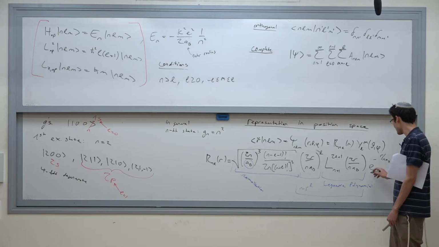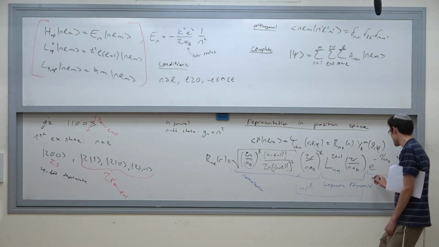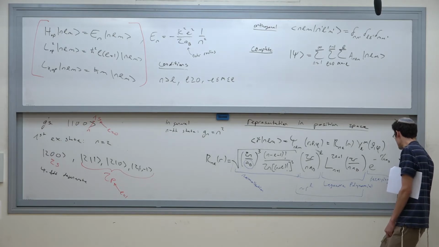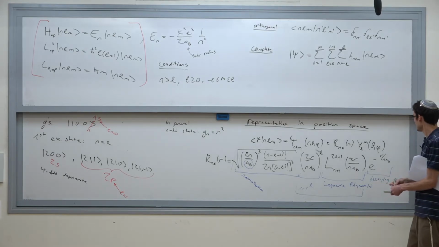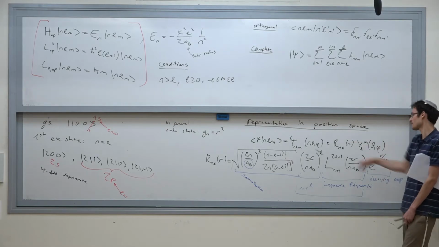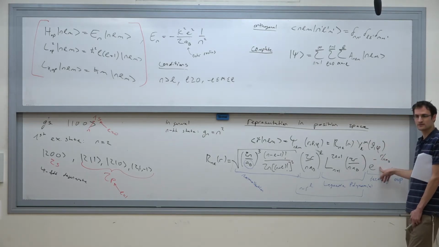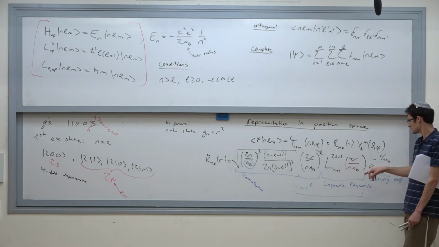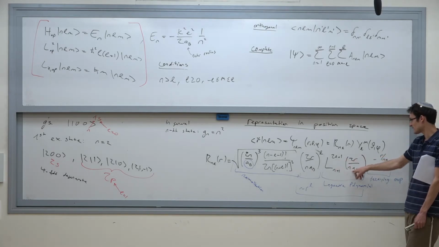And then in the very end, there's a decaying exponential. This is the most intuitive part of the function. It's decaying, so when r goes to infinity, this entire thing will be 0 due to the exponential. What's that under the polynomial brackets? This is the argument of the polynomial: 2r over n times the Bohr radius.